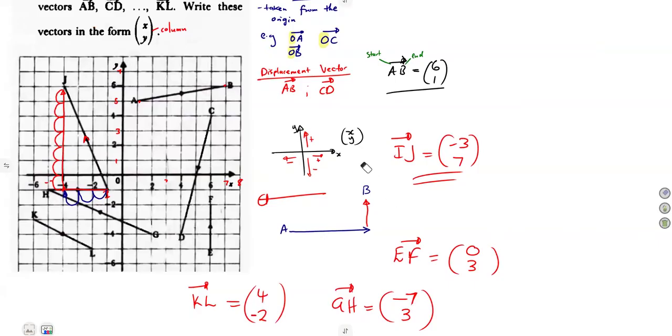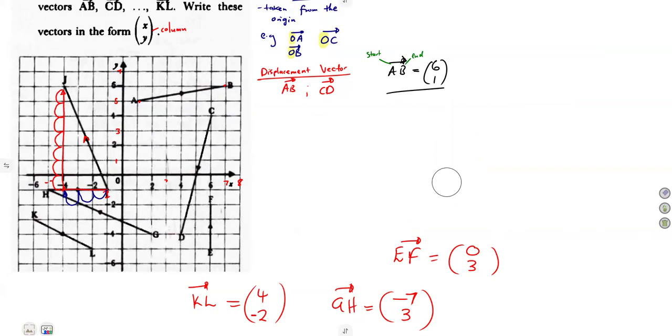But I want us to just consider one part. Let us just prove this part here. We obtained vector AB. It was 6, 1. Is this 1, 2, 3, 4, 5, 6, then 1? That is exactly right.